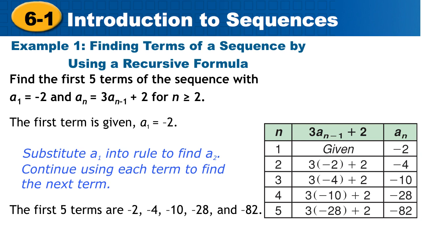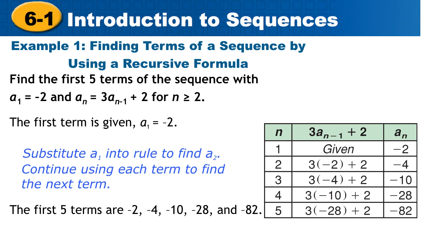So let's find a sub 3. A sub 3 will be found by substituting 3 for n. So 3 times a sub 3 minus 1, which is a sub 2, that is what we found as the previous term, which is negative 4. So let's replace negative 4 for it, plus 2, which gives you negative 10.